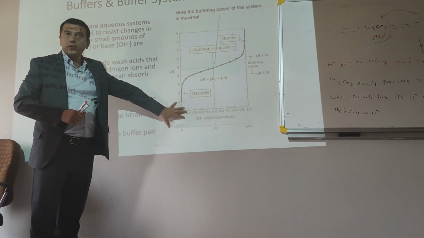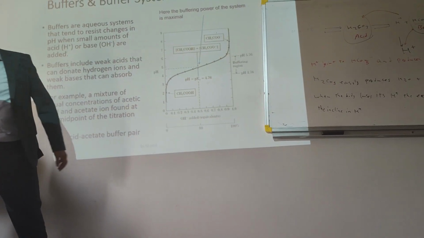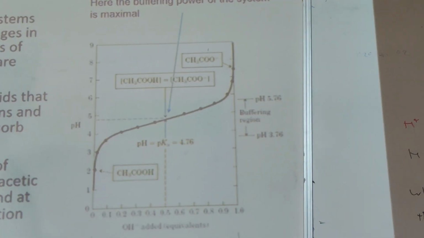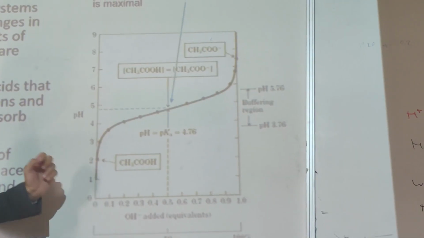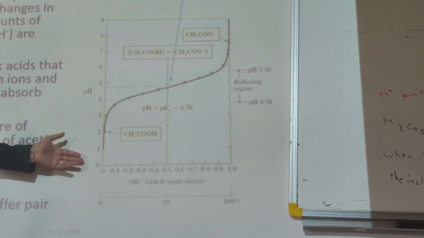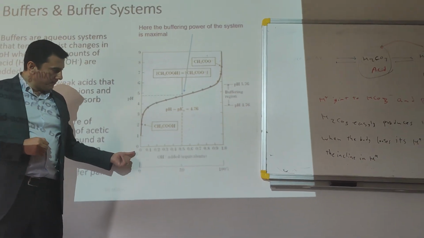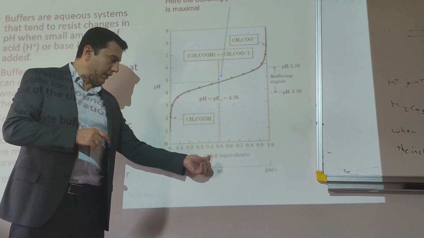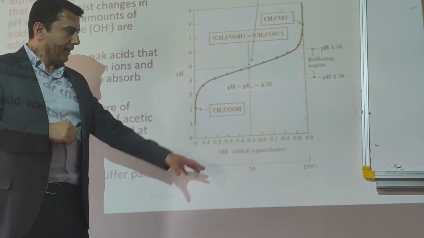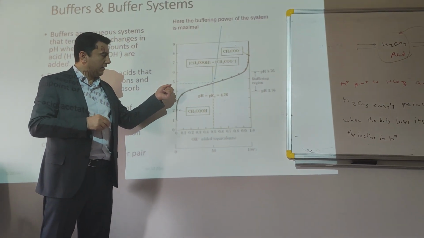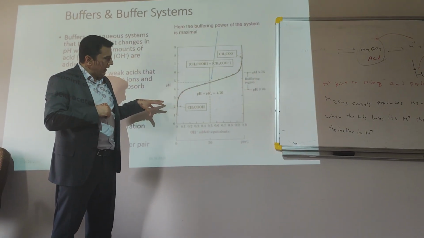Well, this is a very important graph in this slide. As you can see here, this is the pH in our solution, and that is the amount of molecules like NaOH we added to this solution. Our solution contains a buffer.